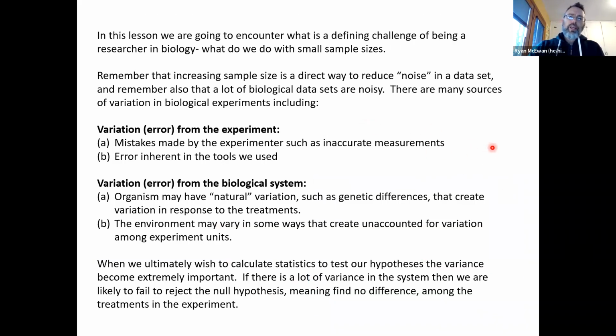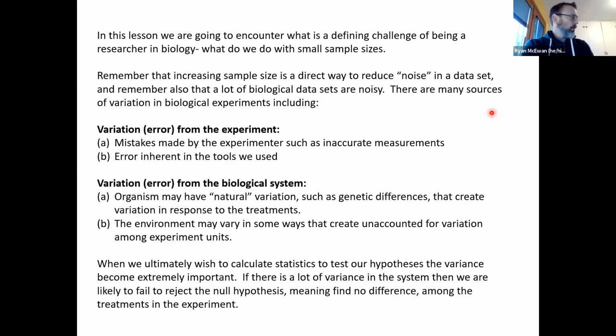So in this lesson, we're going to encounter what is a defining challenge of being a researcher in biology. What do we do when you have a small sample size? Remember that increasing sample size is a direct way to reduce noise in a data set. And remember also that a lot of biological data sets are noisy. There are many sources of variation in a biological experiment, including variation, or what we call error, from the experiment itself, like mistakes made by the experimenter, which is inaccurate measurements, or error that's inherent in the tools we use.